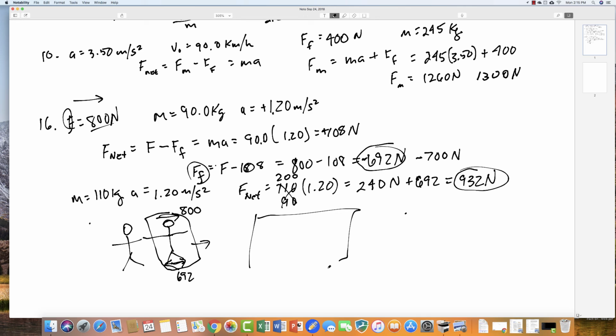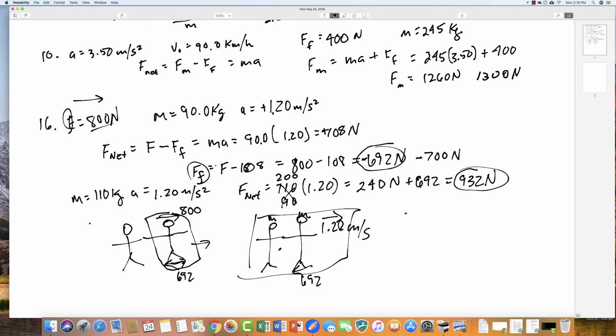The B scenario takes into account both individuals, and this will show you why we had to add the two masses together. Now you have the friction going this way at 692, and basically the MA takes into account this mass, and it's all going backwards at 1.20 meters per second squared.